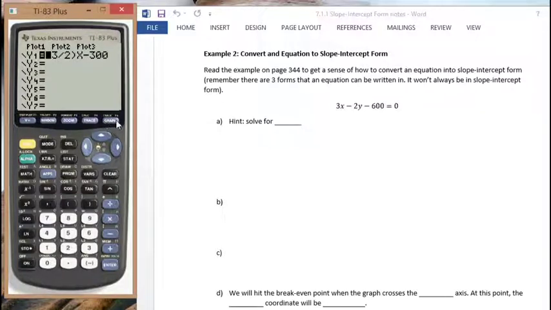Right, that's what the value of the slope was. So let's see if this graph can help us understand anything more about that problem. Well, the slope is 3/2. That's the cost per ball. The y-intercept is -300.